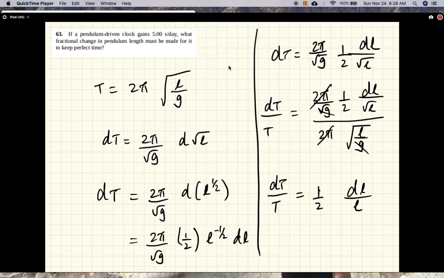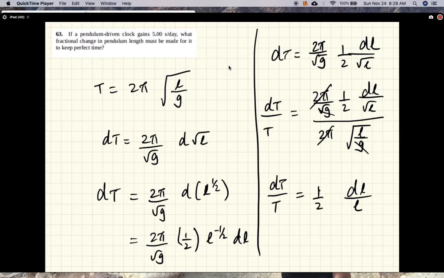Okay, so what this is saying is, let's say you had a pendulum of length L and you increased its length by dL. When this is positive, the increase in period divided by the whole period is given by half times the fractional increase in the length.